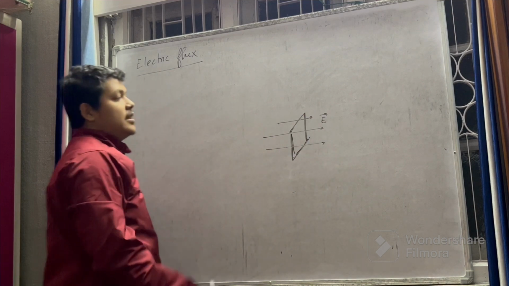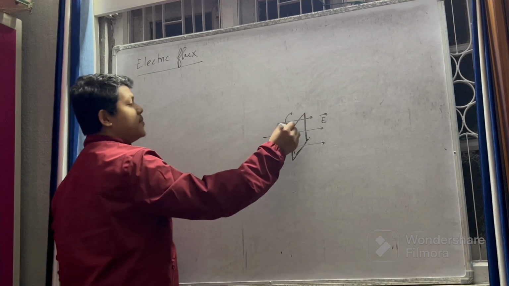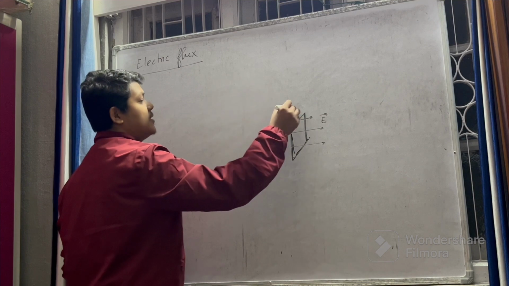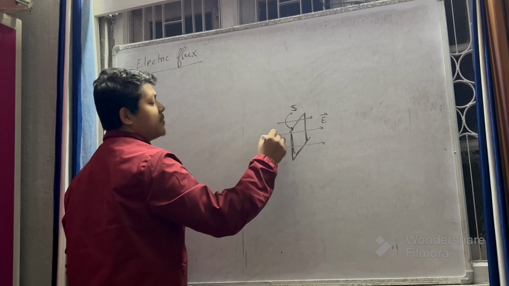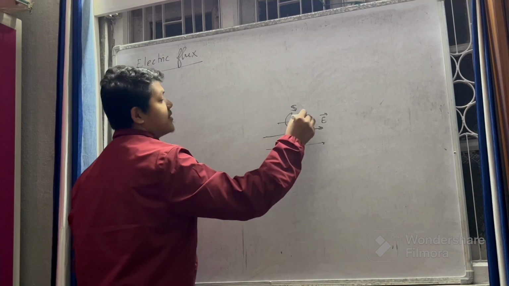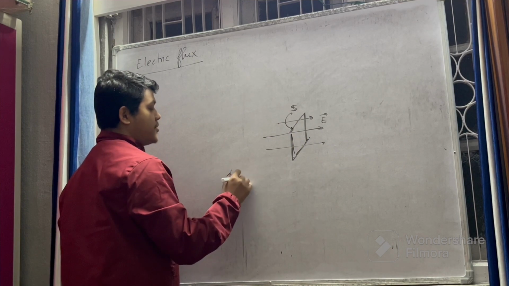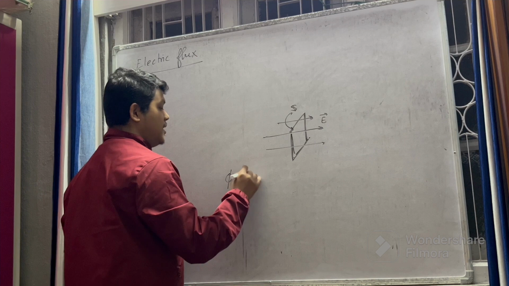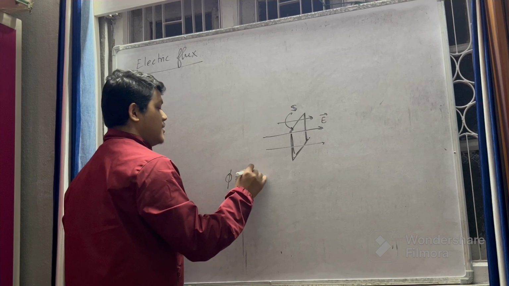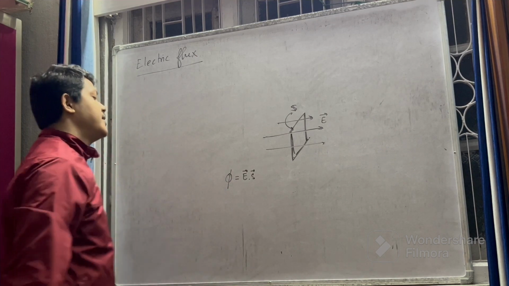This is the electric field and the area of this surface is S, and electric field lines are passing through this area S, right? Then the flux through this surface will be given by E into S, right?